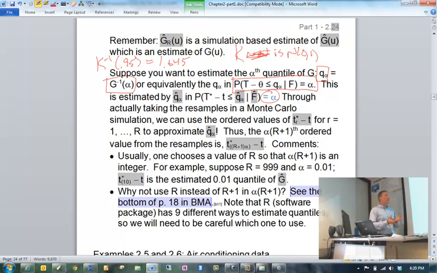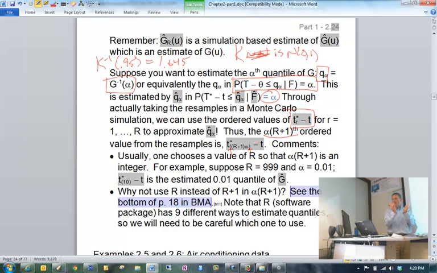Alternatively, we can use resamples. Now what we can do is find all your t star minus t's and look at the alpha times R plus 1 ordered value from these resamples. Notice the notation here: we have parentheses around that subscript. Remember how you use those kinds of parentheses to denote order statistics?